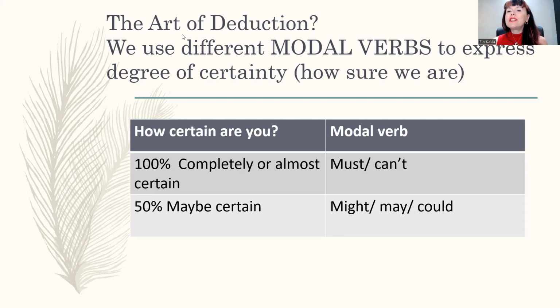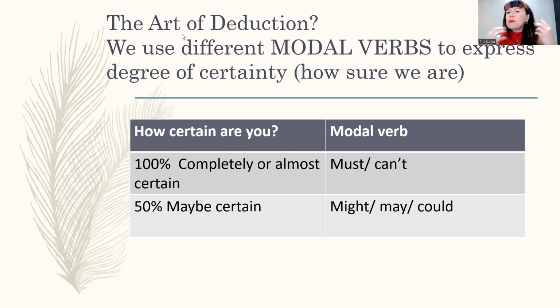We use different modal verbs. As you know, modal verbs are used for different purposes, but here they will be used to express different degrees of certainty, which means how sure we are about what we are saying.